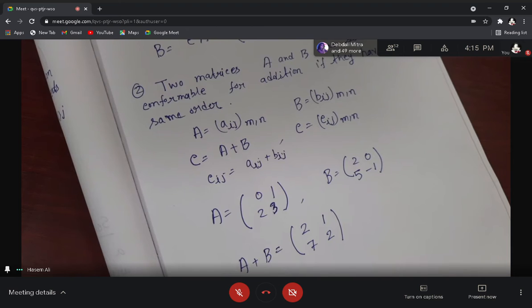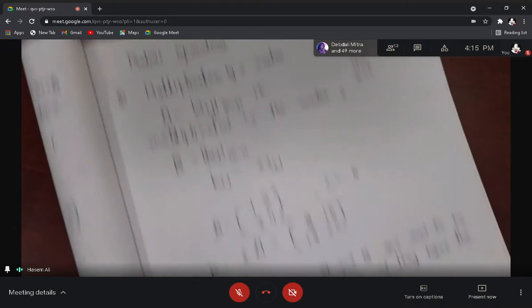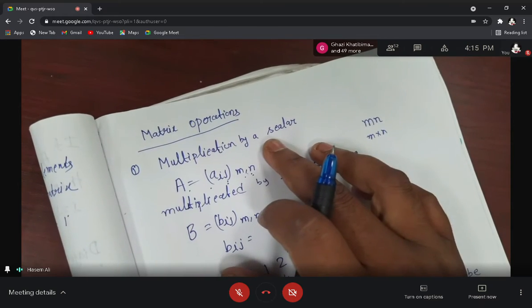Now multiplication of matrices, multiplication of two matrices. Here we did multiplication of a matrix by a scalar.